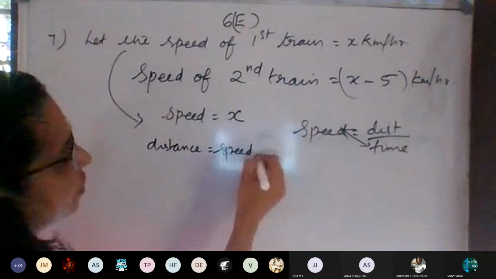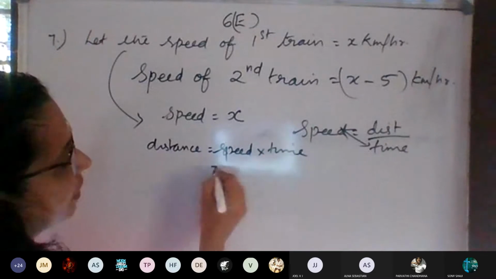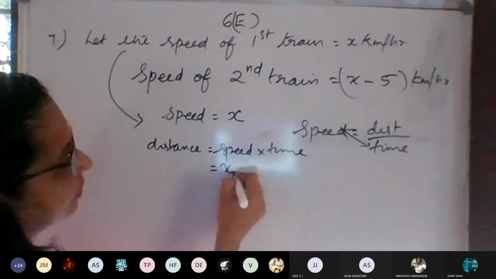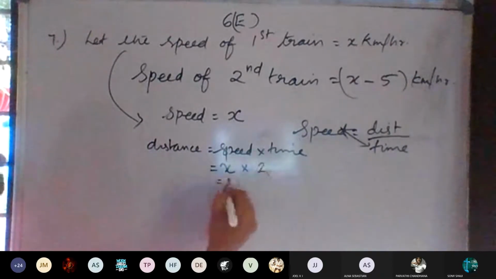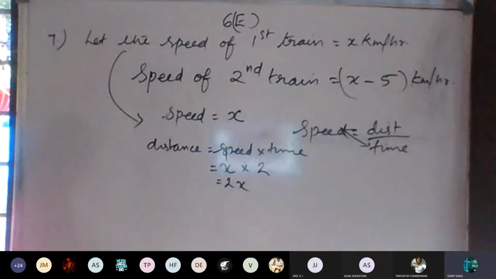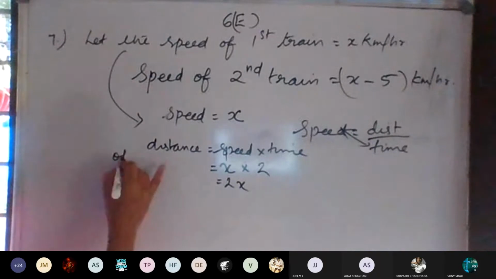Distance is speed into time. Speed is x, time is 2 hours, so that is 2x. That is the distance of the first train.